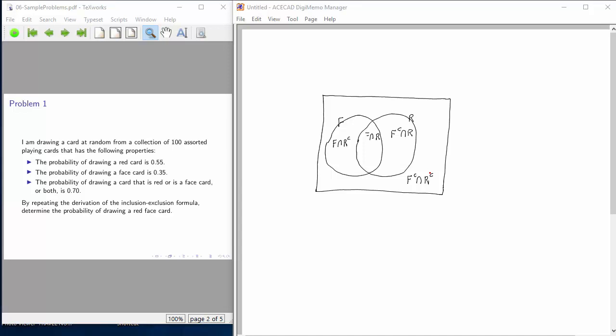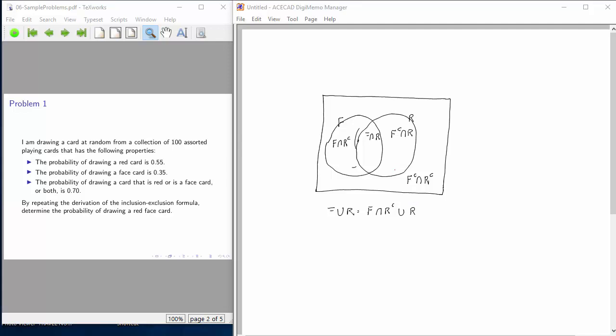The trick, as you'll recall, in proving inclusion-exclusion is to write pairs of disjoint events. And in this particular case, if I look at the union of face and red, I can see that that is the disjoint union of 2 sets. The balloon-shaped thing here, F intersect the complement of red, with red.